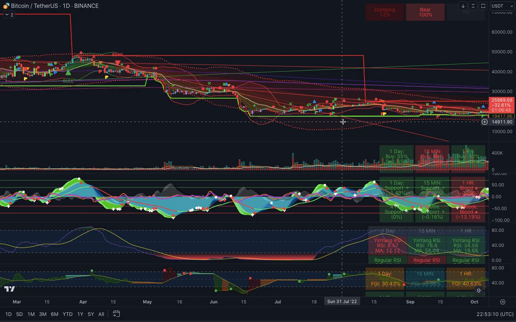And what you can do too, which I like to do, is I have different conditions for how much I want to buy. Some I consider a strong buy location where maybe I'll purchase 3 or 4% of what I want to buy. And then you've got weak purchase locations where maybe it's 1.5% to 2%. And then I like to grid trade too, where it's usually about 0.5% to 0.25% for each of the grid trades.